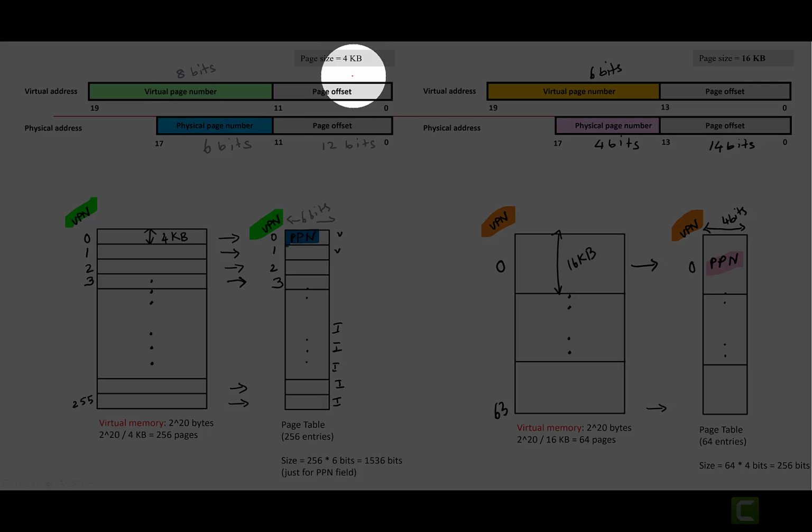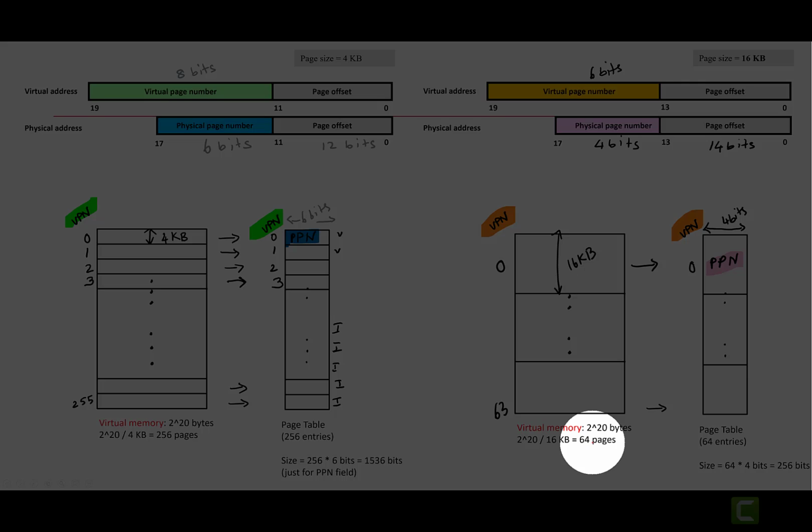Now let's increase the page size from 4 kilobytes to 16 kilobytes and let's see what happens. So now my page offset would increase from 12 bits to 14 bits, 13 plus 1 because I'm starting from 0. So 14 bits. So I have 2 more bits that go towards page offset, which means that my virtual page number reduces from 8 bits to 6 bits, which basically means that my number of virtual pages reduces to 64 pages.